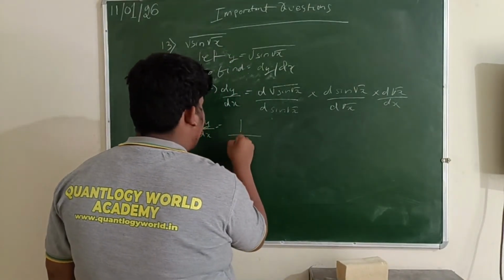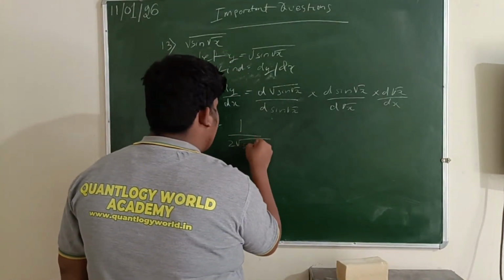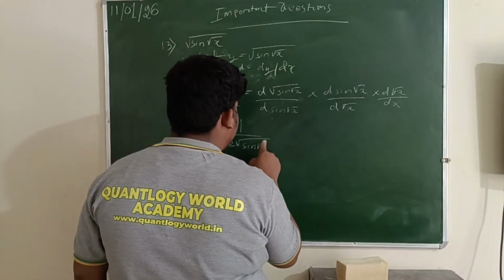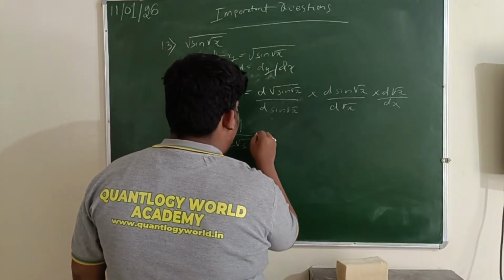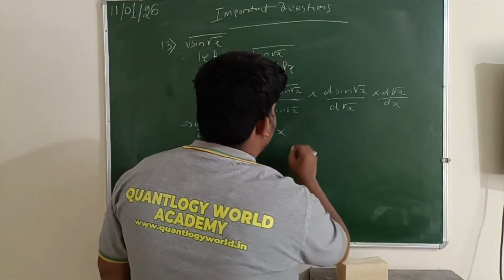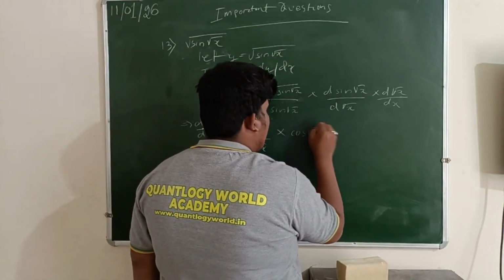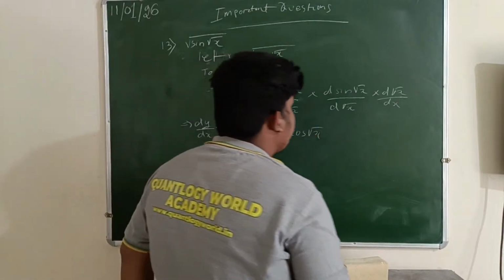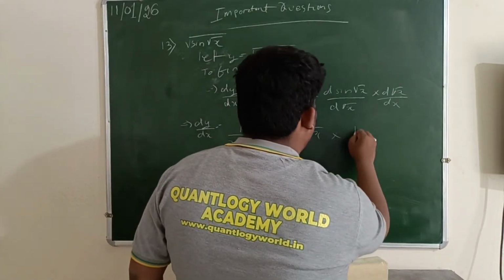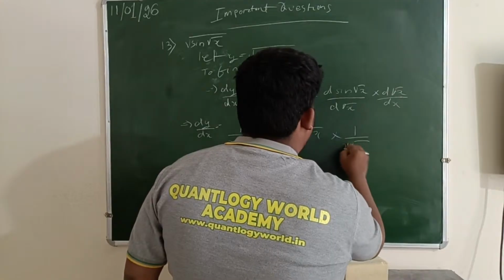It will be 1 by 2 root sine root x, into the derivative of sine root x, which will be cos root x as the derivative of sine is cos, into the derivative of root x, which is 1 by 2 root x.